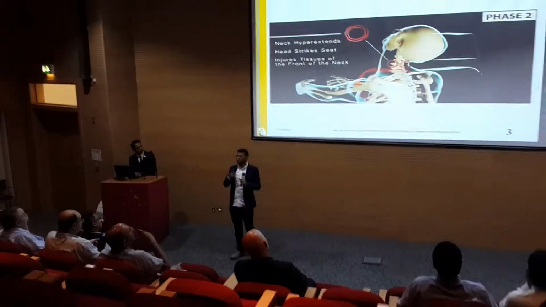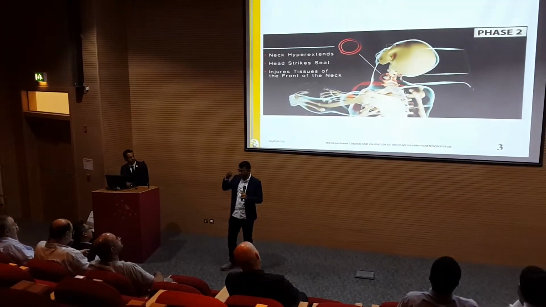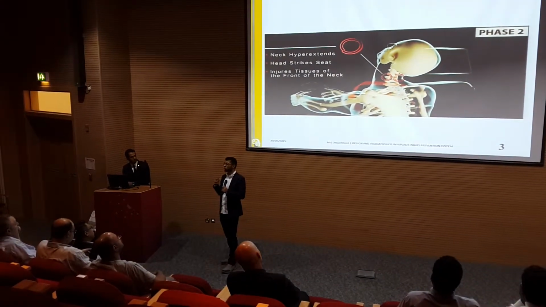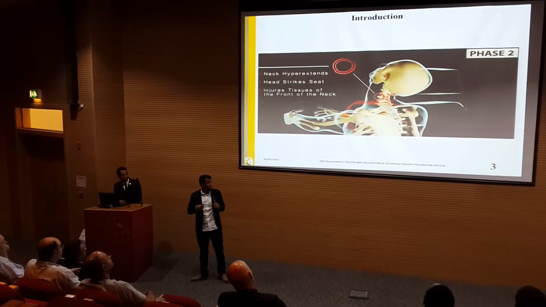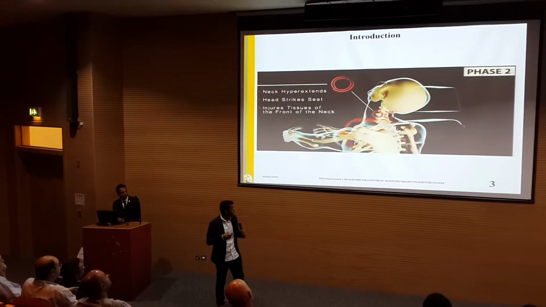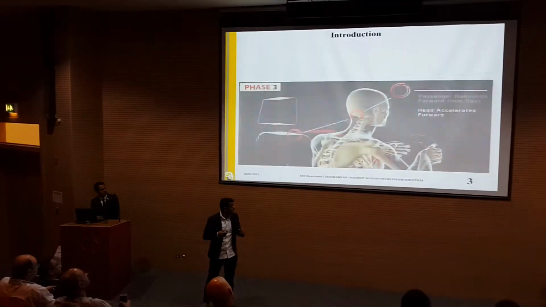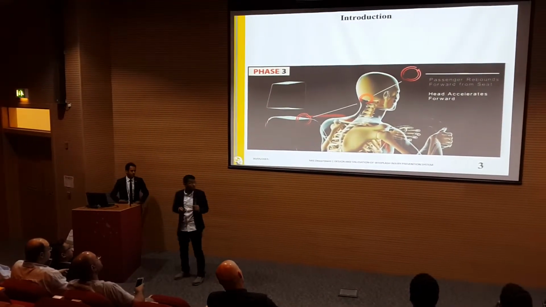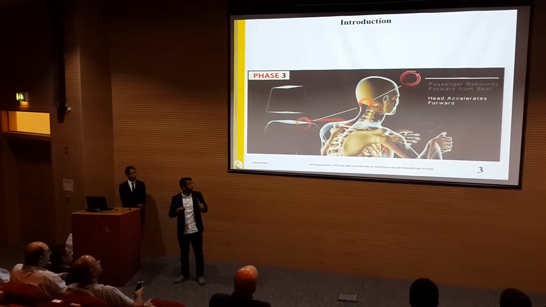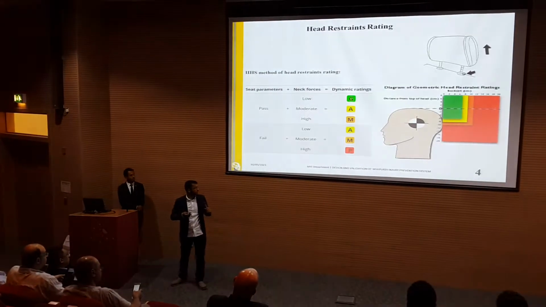In the second phase, the head accelerates backward, causing a hyperextension of the neck, and this causes damage to the frontal soft tissues of the neck. And the third phase is the rebound phase, with the torso moving forward and the seat belt catching the torso, which again causes a compression of the neck.